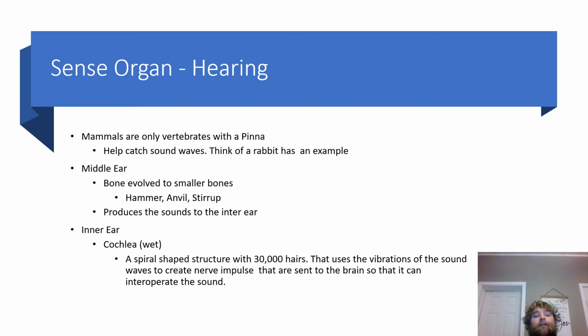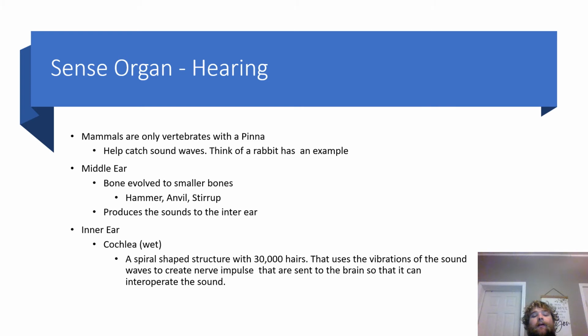Then we move on to the middle ear. These bones in the middle ear actually started much larger and evolved into smaller bones known as the hammer, anvil, and stirrup. Really, the job here for them is to reproduce the sound into the inner ear.